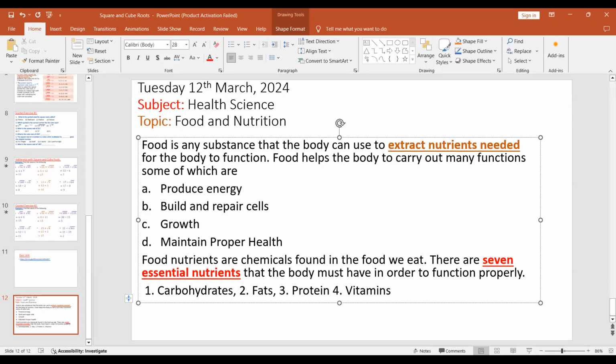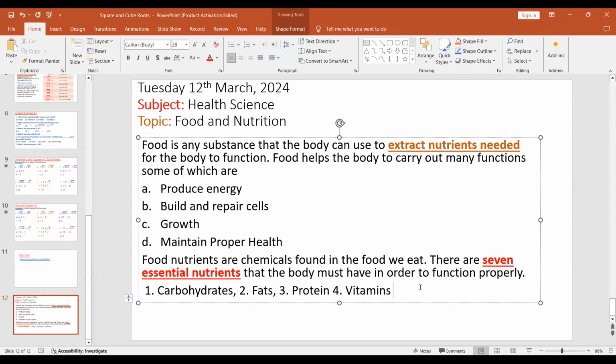Vitamin A. We can get vitamins from oranges and citrus fruit. Vitamin C. Very good. We can get vitamins from fruits, vegetables, all those in that category. Can we get vitamins from the sun? We get vitamin D from the sun.